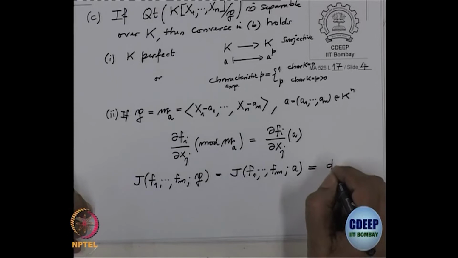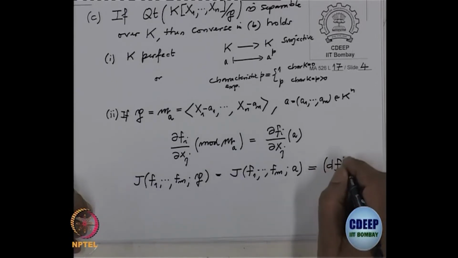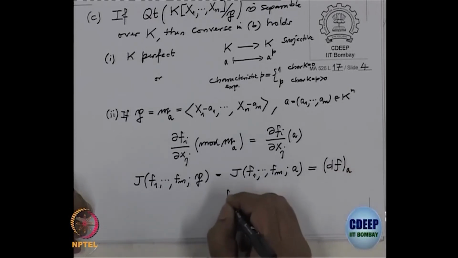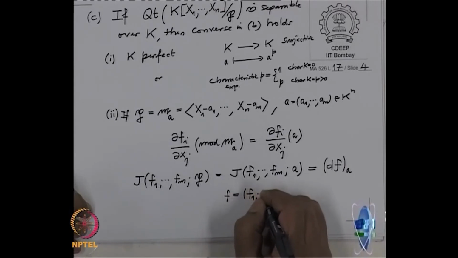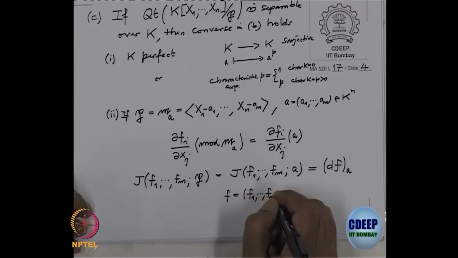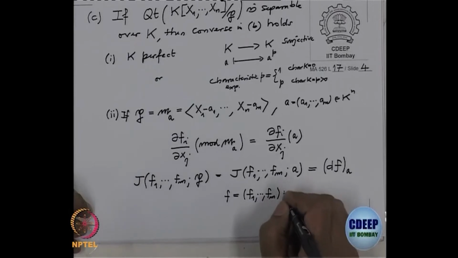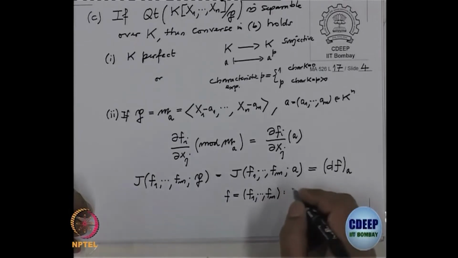Also, in analysis this matrix is denoted by the differential of the map f at A, where f is f1 to fm, and think of this as a map from K^m to K^n.